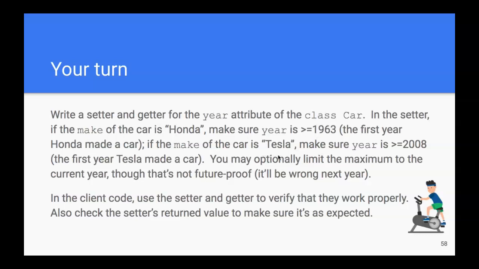If the make of the car is Tesla, make sure the year is greater than or equal to 2008. That is the first year that Tesla made a car. Okay, and you could optionally cap the maximum year to the current year, but then that would make your program not very future-proof because the current year keeps increasing, right? Anyway, so go ahead and give this a try.